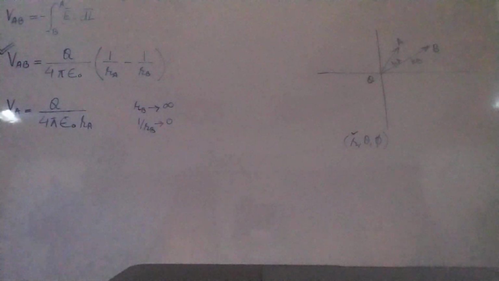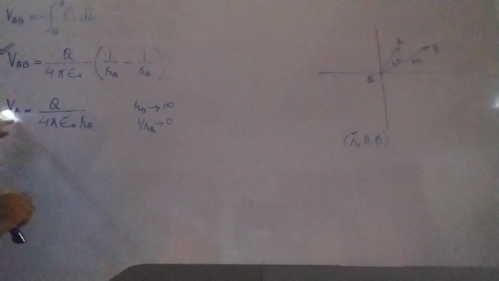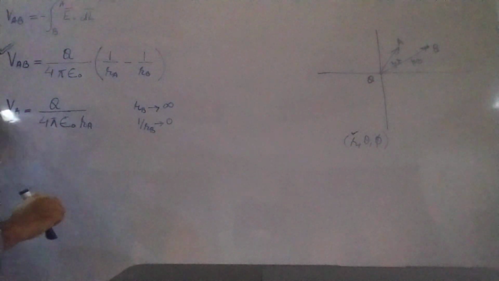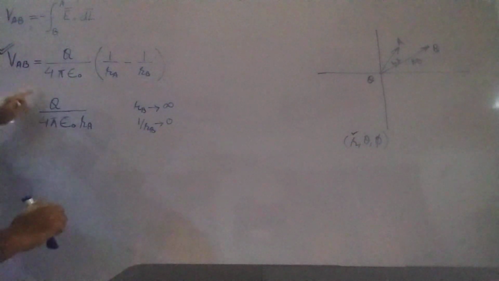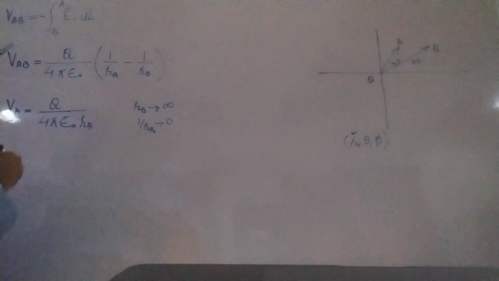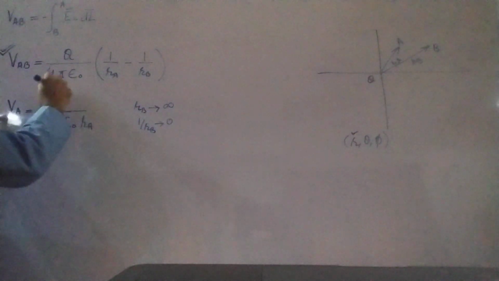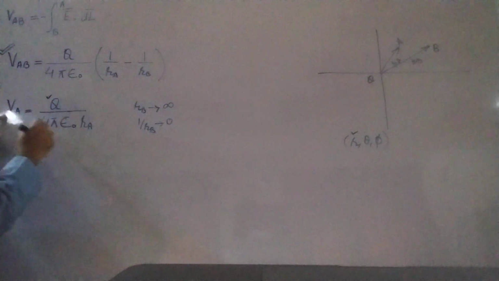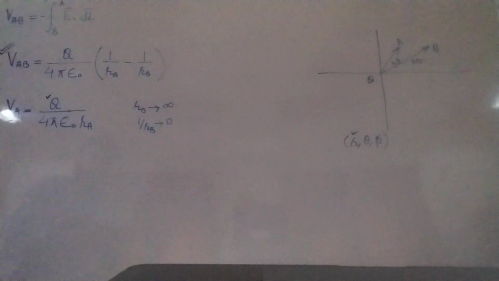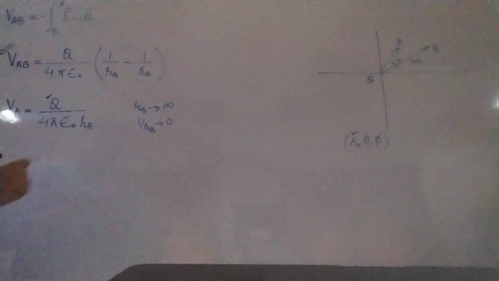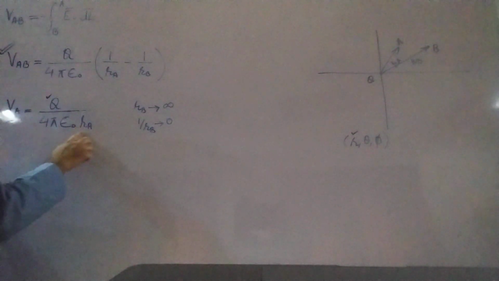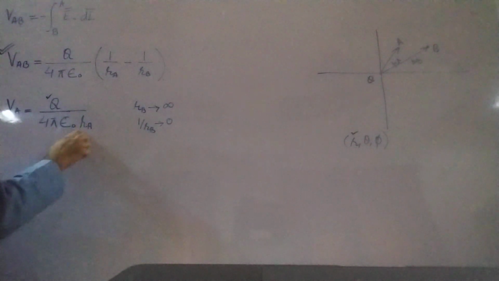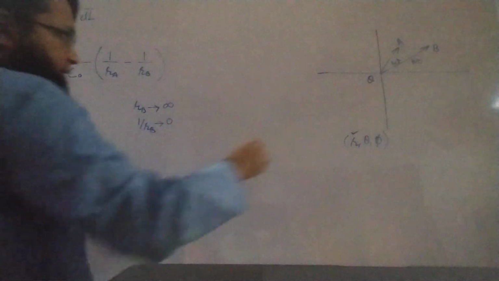Now, the collection of all points over which the potential is constant is nothing but an equipotential surface. In this expression, Q is constant because it is the source charge located at the origin, and 4 pi epsilon naught is definitely constant. The only variable thing is the field point, which is given by its distance from the origin.